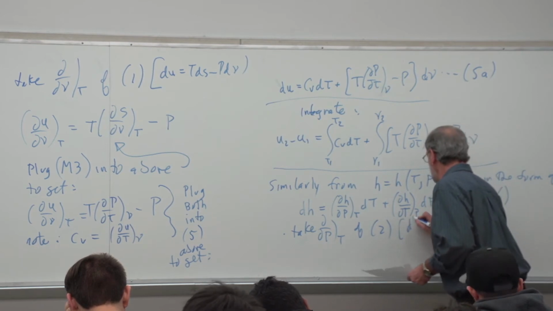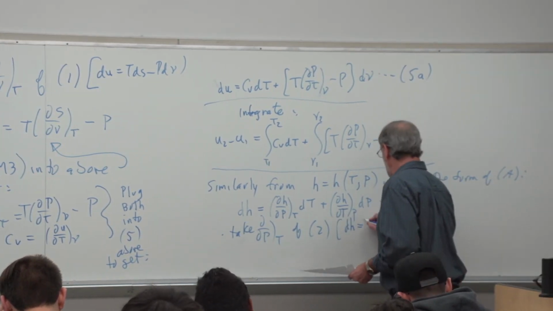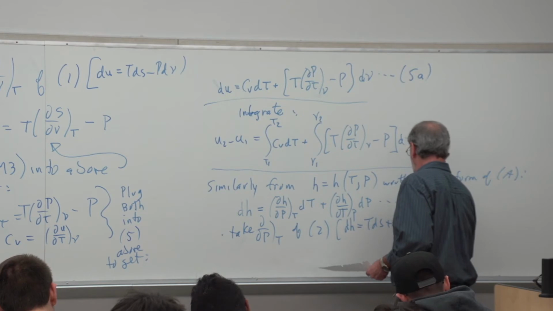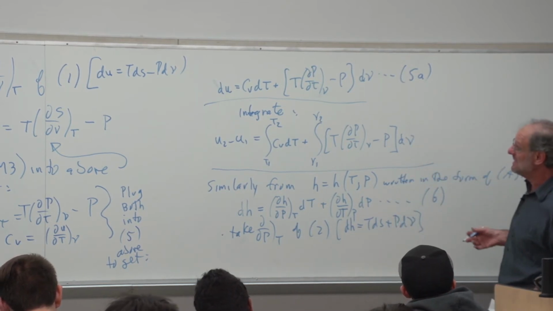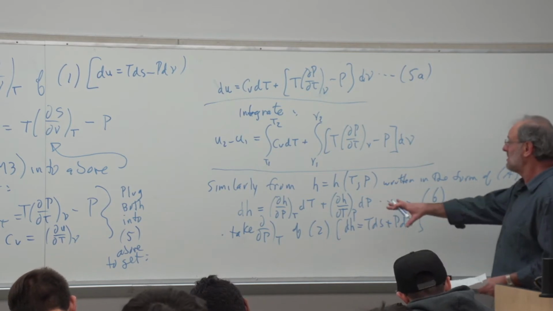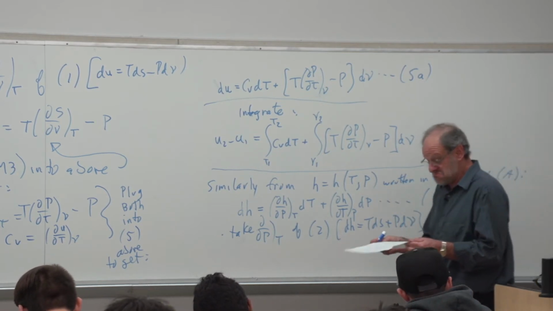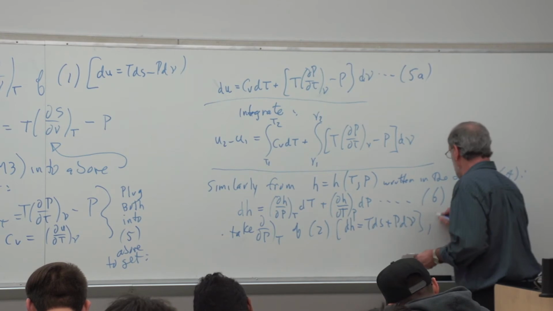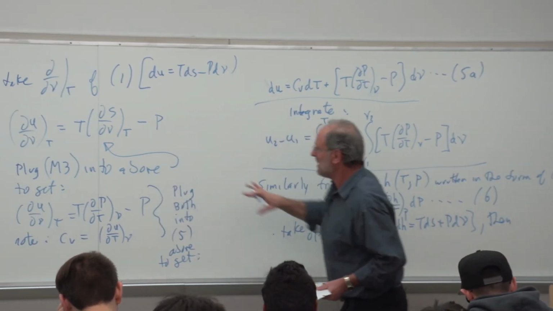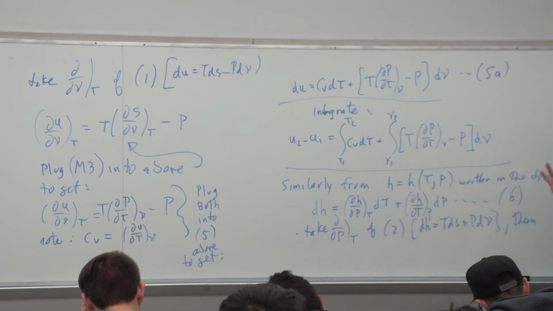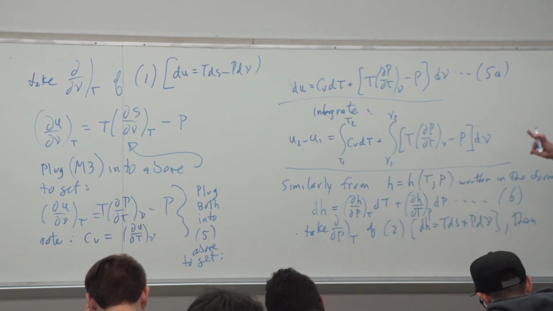So this is the one where dH equals TdS plus VdP. This was the second TdS relationship. If we take this, then, like we've done over here, I'm going to skip this step, but then I'm going to plug the fourth Maxwell relation into that.